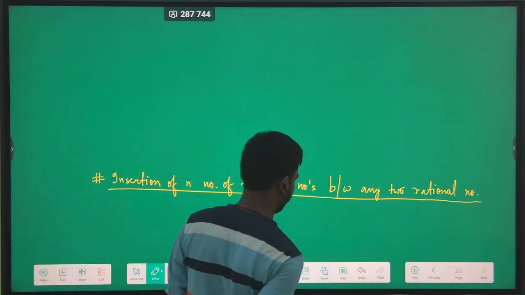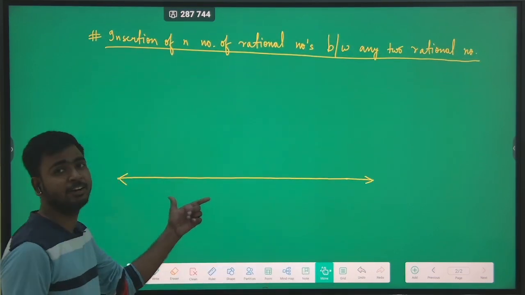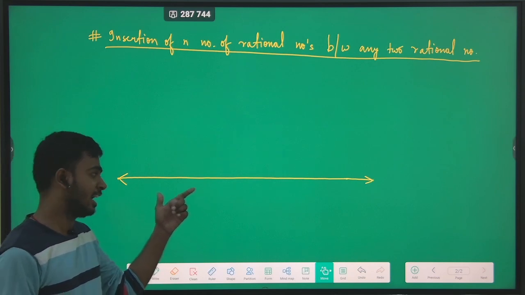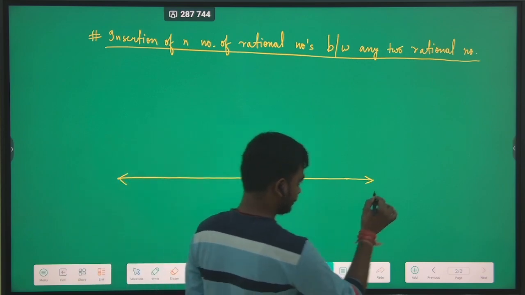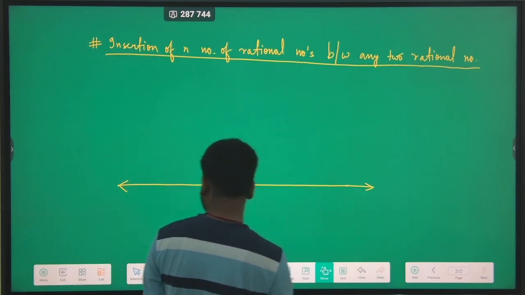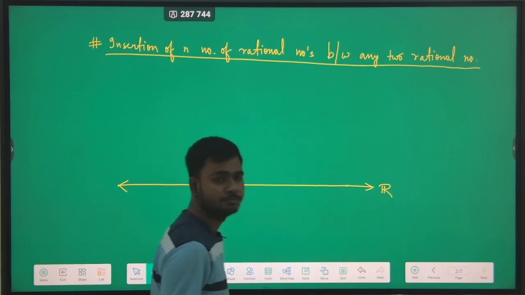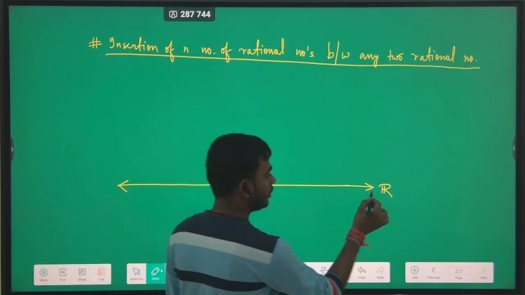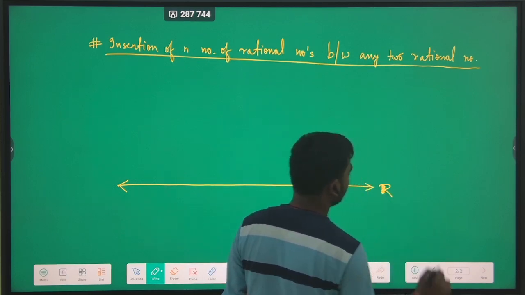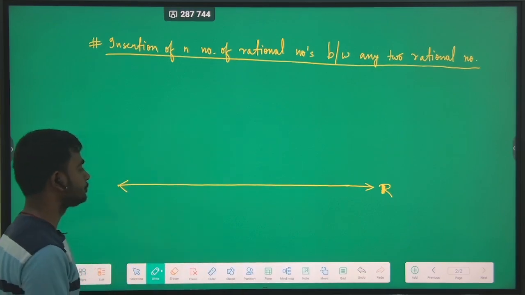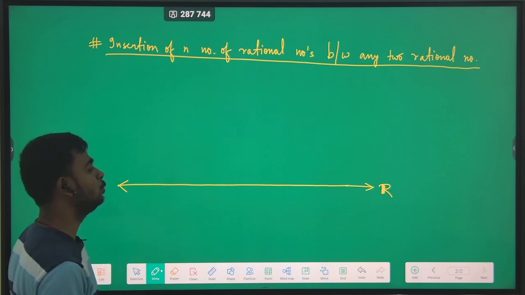So this is our real number line. We know that rational numbers are always represented on the real number line, and the real number line is represented with this R. Okay, this first line is bold. Okay, so first of all, we have two rational numbers.